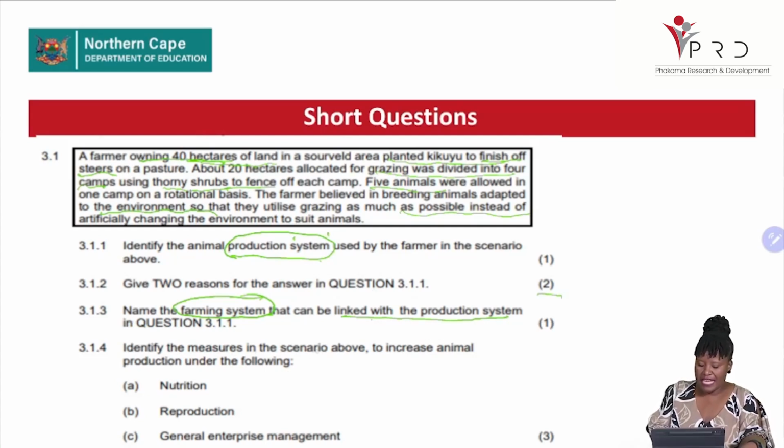Identify the measures in the scenario above. So these 3 marks are free because your answers are in the scenario. So already these 7 marks must be in your pocket. Identify the measures in the scenario above to increase animal production under the following. Nutrition, what has got to do with food?